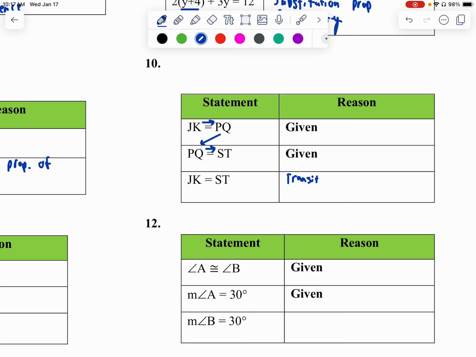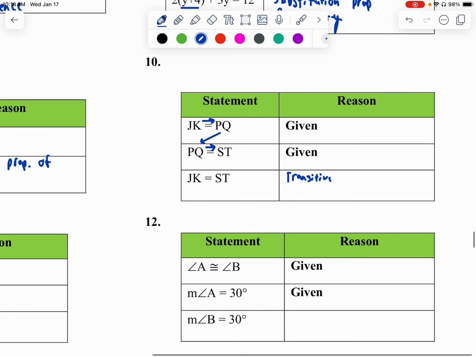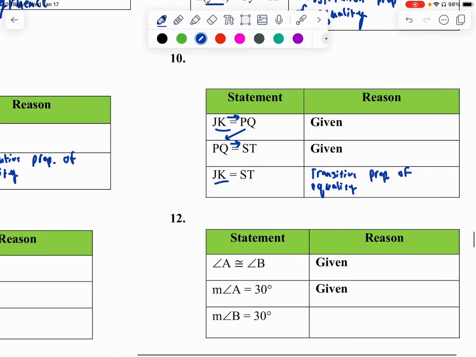If I know two things are equal to the same third thing, they'll be equal to each other. But you also could write, in this case, the substitution property of equality. Technically, we are just substituting in JK for PQ, because JK equals PQ, so there's more than one right answer there. Both work just fine.